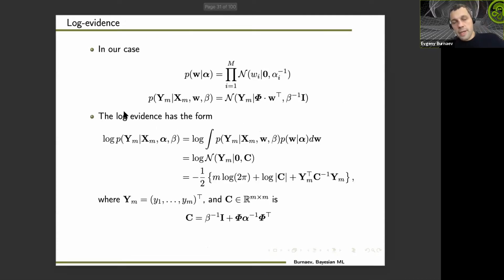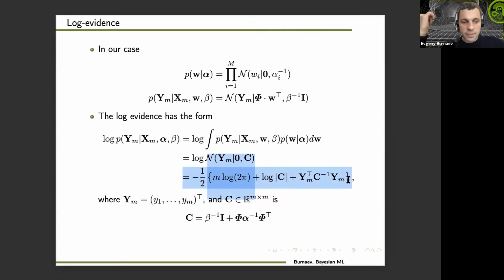So as I discussed, the log evidence function in case of the relevance vector machine can be written in this way. So it's very similar, almost the same, except here we have some slightly different parameterization, but actually this expression is equivalent to the expression on the previous slides.